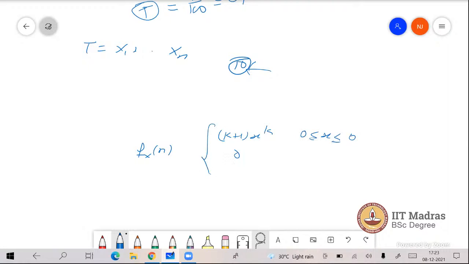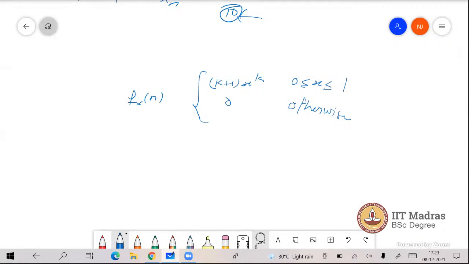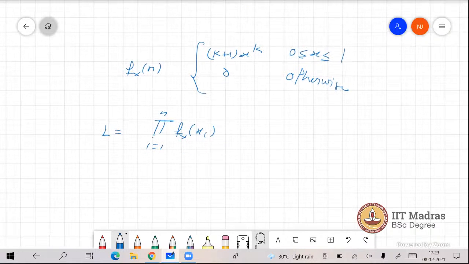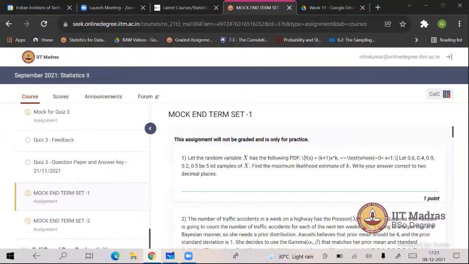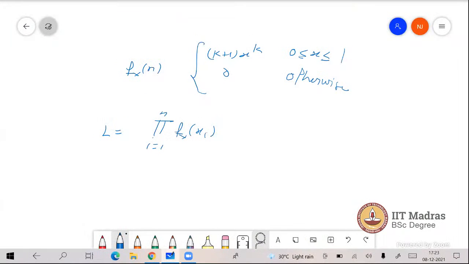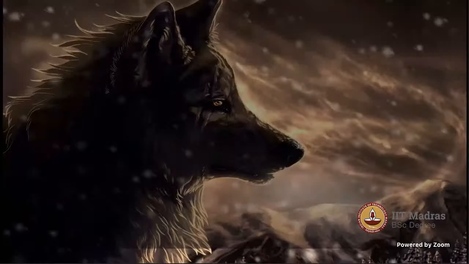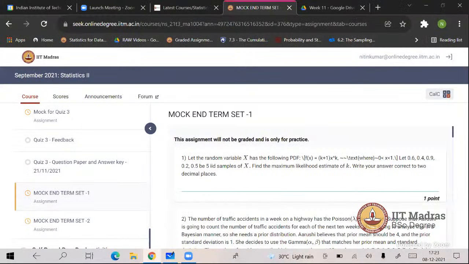Right? Now your sample is what? What is going to be your likelihood function? Product of, right? So now your sample is taken as 0.6, 0.4, 0.9, 0.2, 0.5.